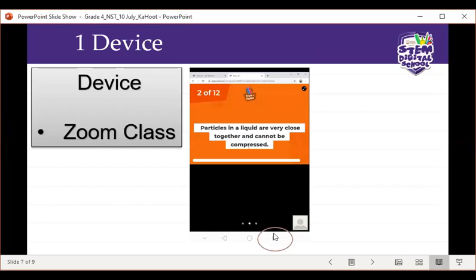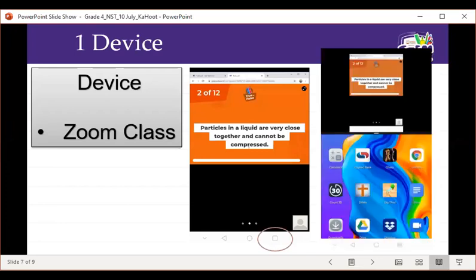Yes, ma'am. Yes, just press it and hold for about 5 seconds. And then it should split your screen like this. 1, 2, 3, 4, 5. Is it working? Yes, ma'am.